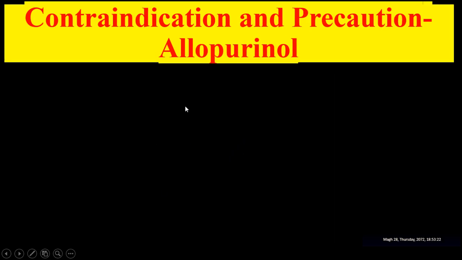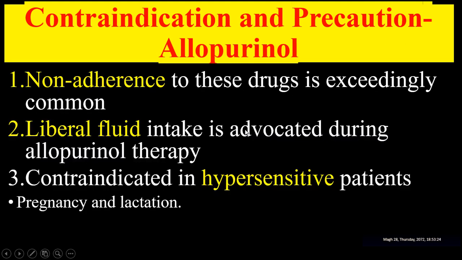Now, contraindications and precautions of allopurinol. Non-adherence means lack of compliance, because the patient thinks they can do without this drug, and almost lands in trouble. So you have to tell the patient not to withdraw the drug, and liberal fluid has to be taken along with it, so that you can dissolve xanthine and hypoxanthine more.